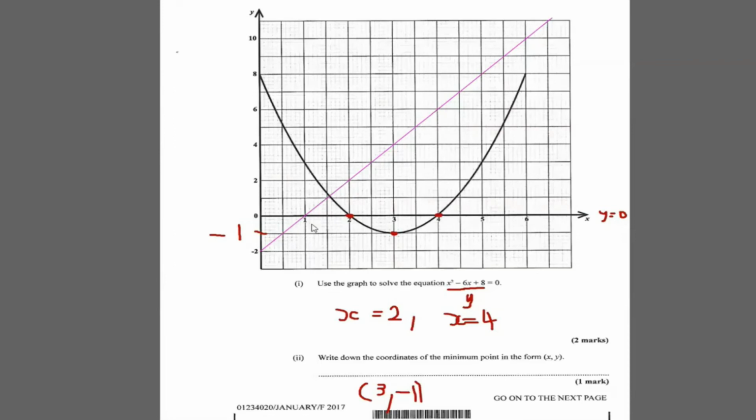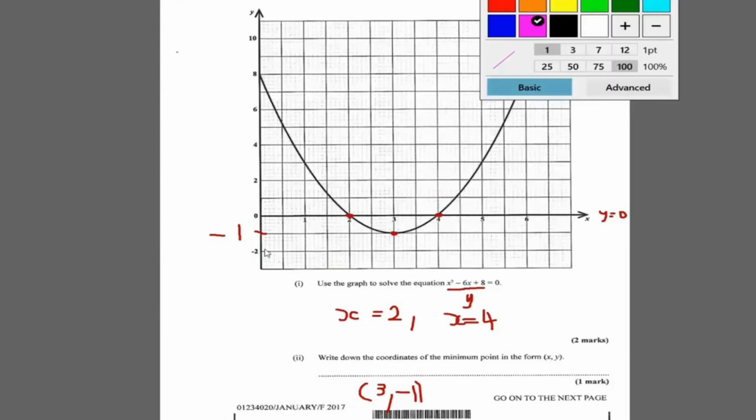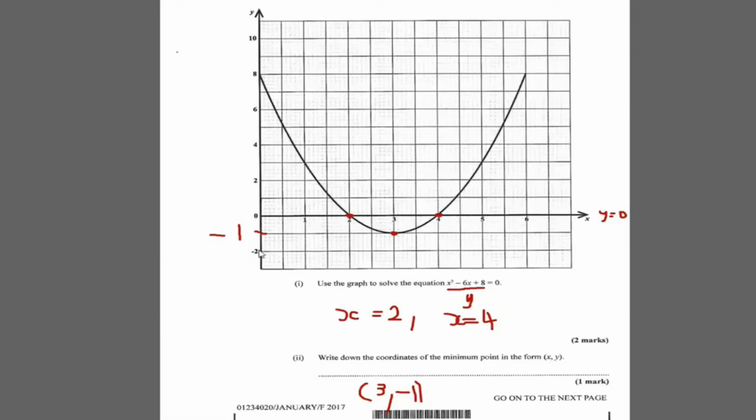Did I do this right? No, I didn't do this right. Let's remove this. You have to remember the scale on the y is different. So I want it to have a run of 1 and a rise of 1. So run 1, rise 1, from 0 to 1 here.